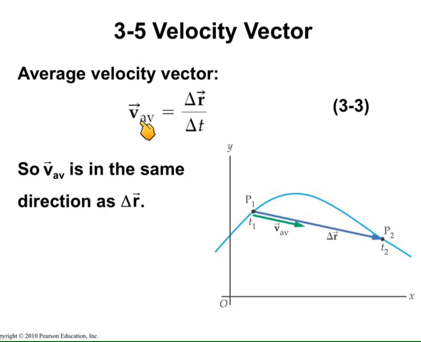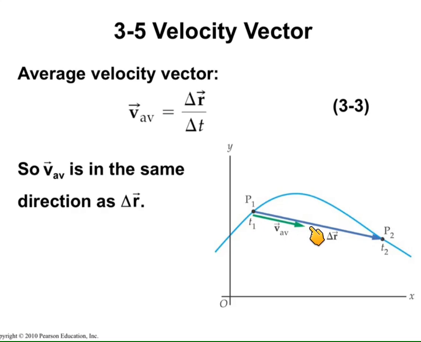The velocity is a vector. It is on the line connecting P1 and P2 and directed toward the final position. So the green arrow will be your average velocity vector.